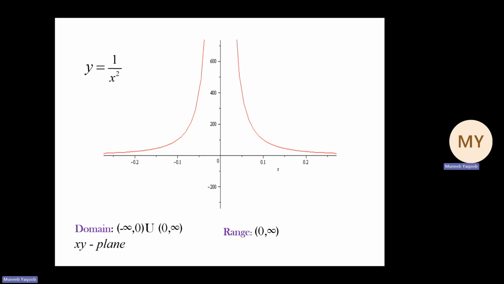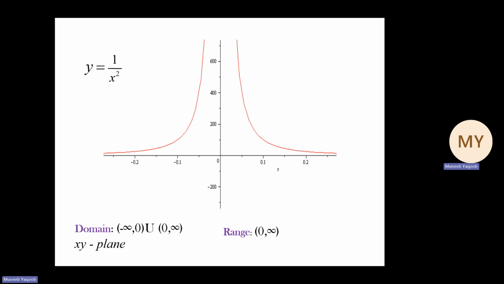There is no y which is below the x-axis. Since it is 1 upon x squared, no matter whether we put x equal to a positive value or a negative value, the square converts everything into a positive y, a positive height. You can see in the graph that there is no negative height.